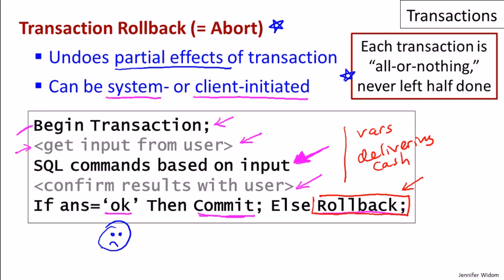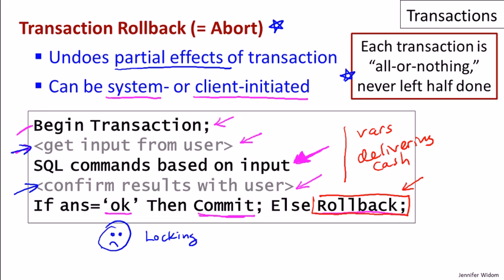There actually is another issue with this particular client interaction, so I'm going to put a frowny face here. It was a nice simple example of how rollback can be helpful. But one thing that happens in this example is that we begin a transaction and then we wait for the user to do something, and we actually wait for the user back here. Experienced database application developers will tell you never to hold open a transaction and then wait for arbitrary amounts of time. The reason is that transactions do use this locking mechanism I alluded to earlier.